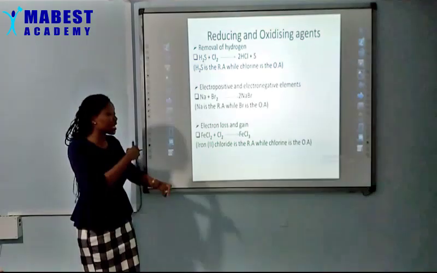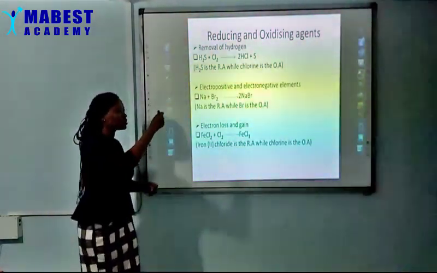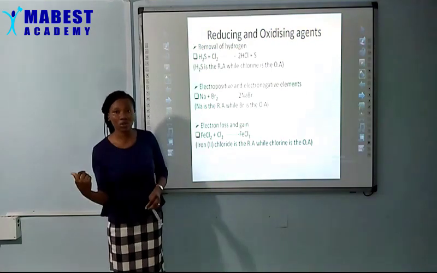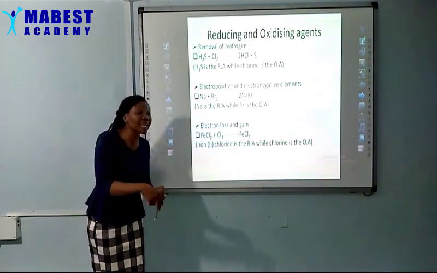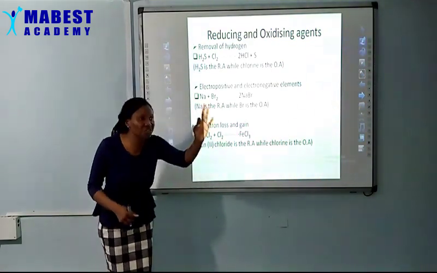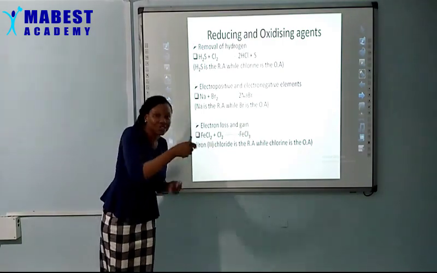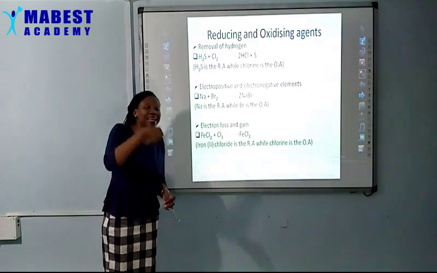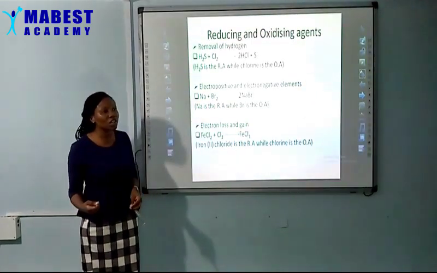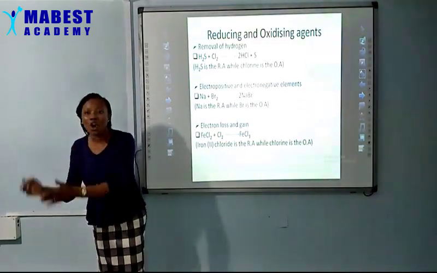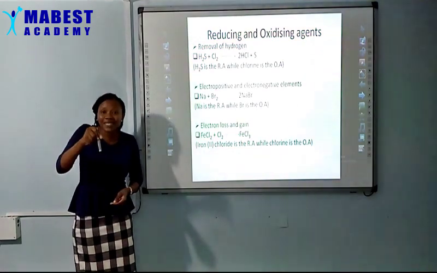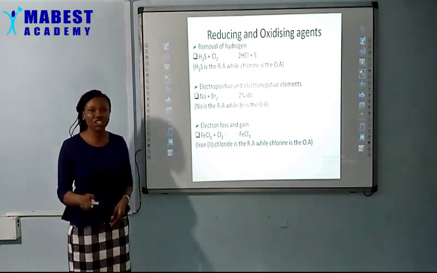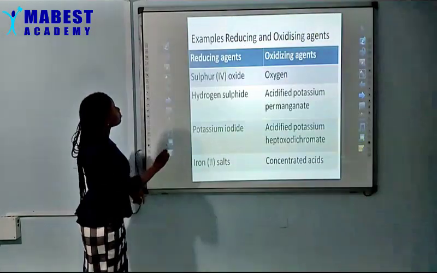After undergoing that reaction, it became iron(III) chloride. That means the iron lost an additional electron. Loss of electron, that is oxidation. And do not forget, I told you earlier on that the substance that undergoes oxidation is called reducing agent, while the substance that undergoes reduction is called oxidizing agent. Did you get that?